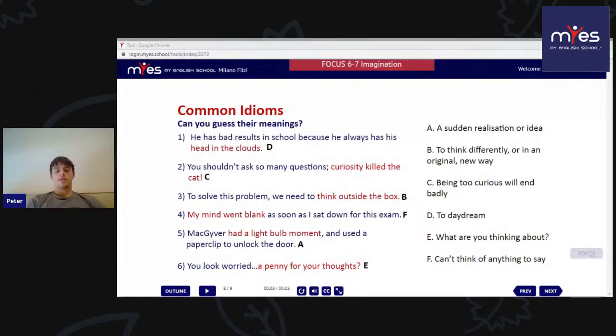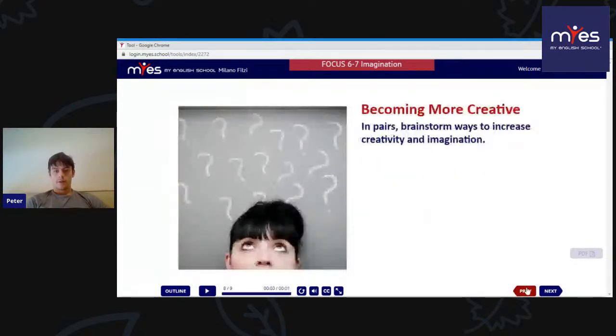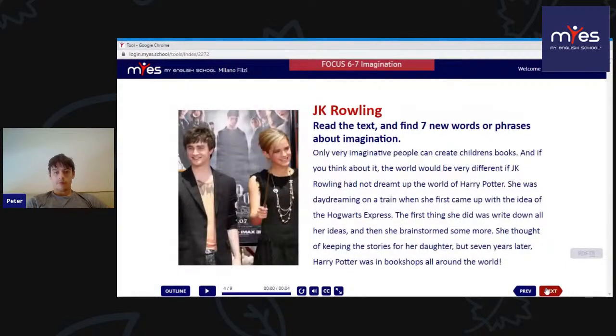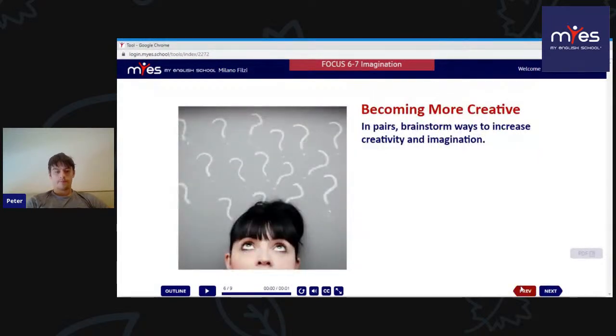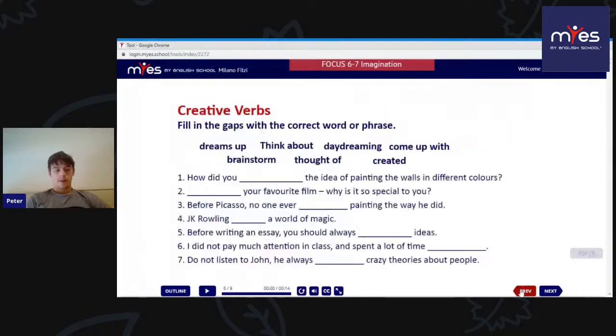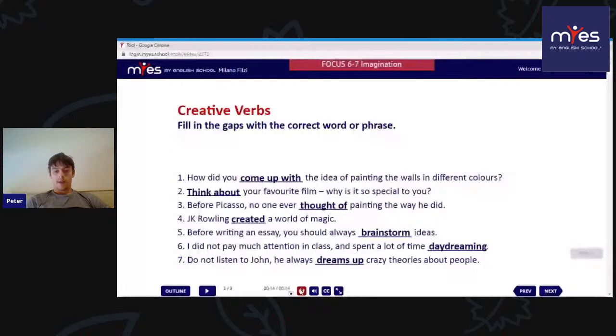All right, a lot of new language today. So let's do a little revision. So the phrasal verbs. To come up with is to invent.